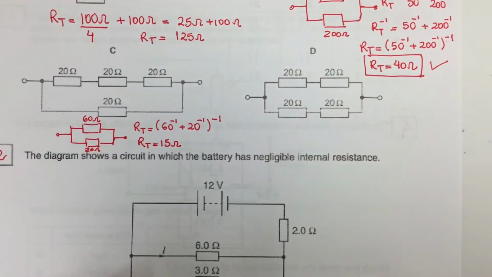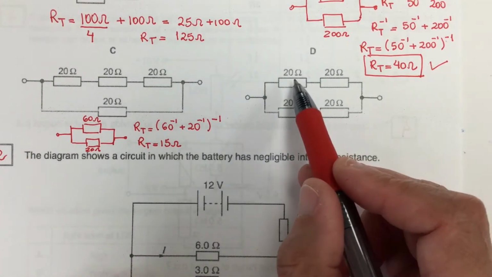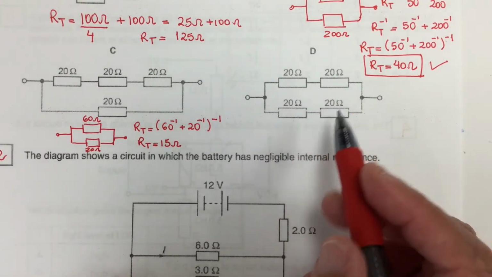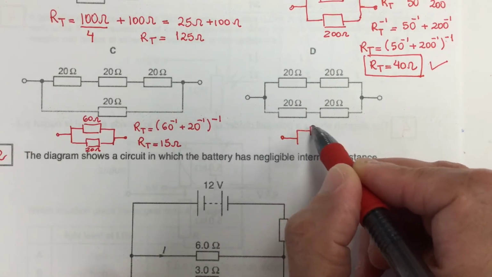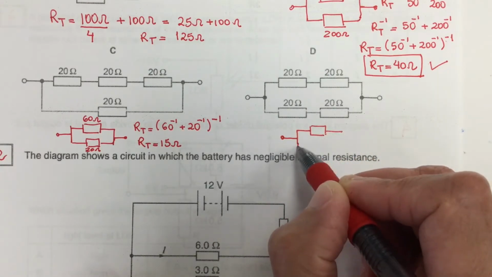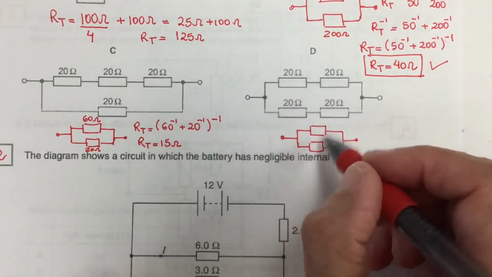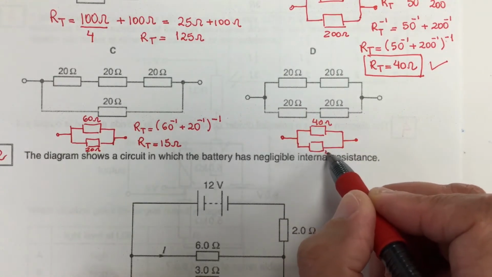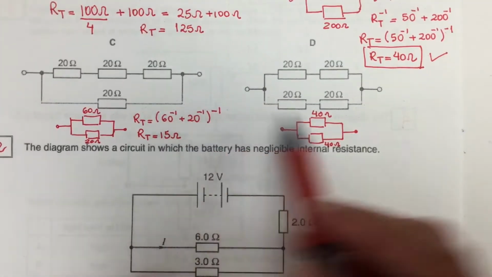Now let's look at the last option, which is D. We have 2 branches, each with 2 equal resistors in series. To simplify this, we add them, and now we have 40 on this one. We don't have to do this equation because they're equal.